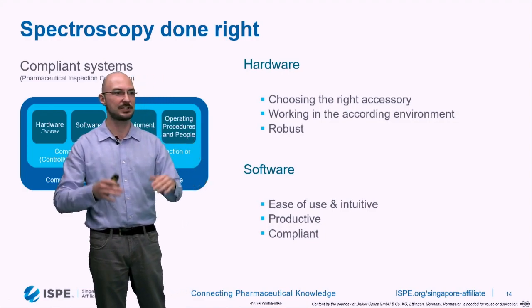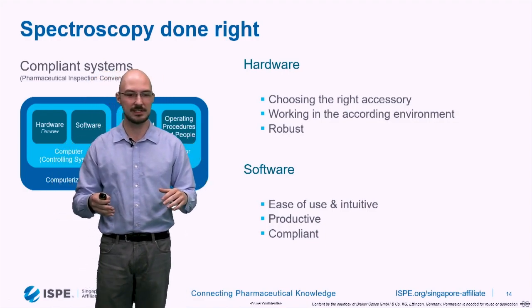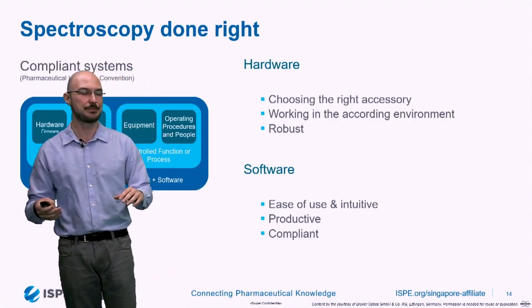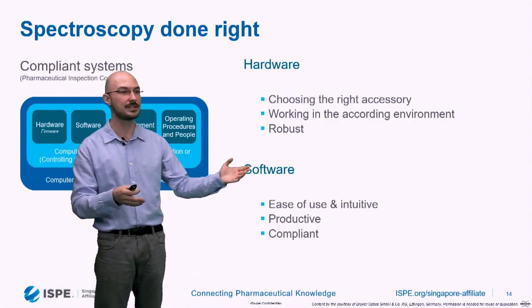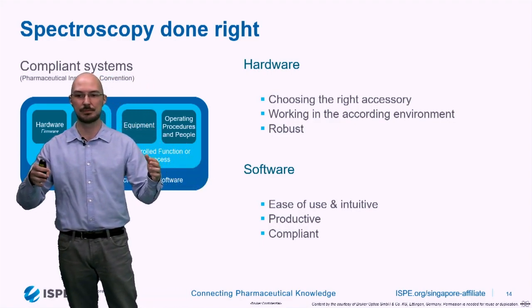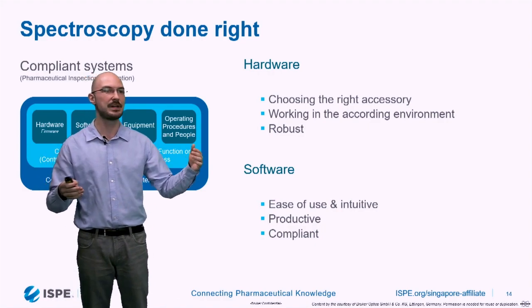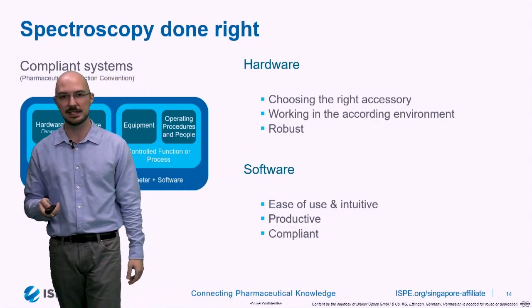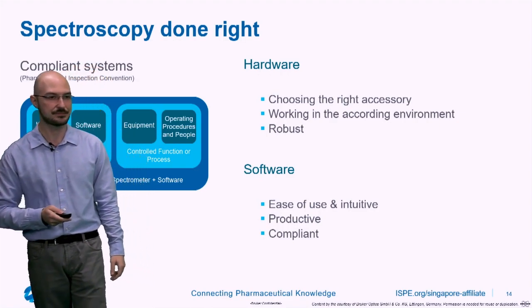Usually in the production halls, you rather want a robust system compared to a lab. Or depending on where you are doing your quality control, even in the lab, you have to switch accordingly and make sure your system is up to the task.